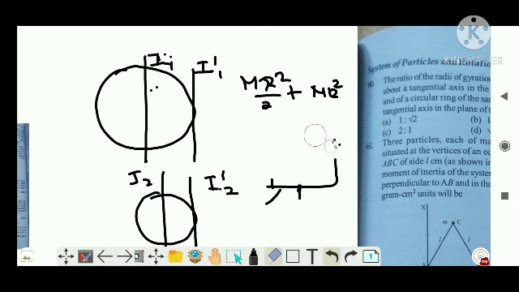So it is not mr squared by 2. In the case of a disk, it is mr squared by 4. So mr squared by 4 plus mr squared is 5 by 4 mr squared.